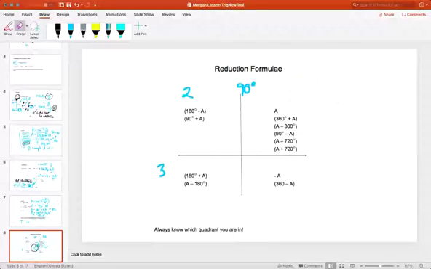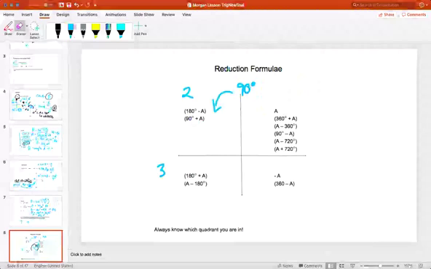All right, now you'll see the next one is 90 minus A. 90 minus A means we're always going to be working from here in that direction. And you notice here we've got a plus A, which means we're moving in that direction.